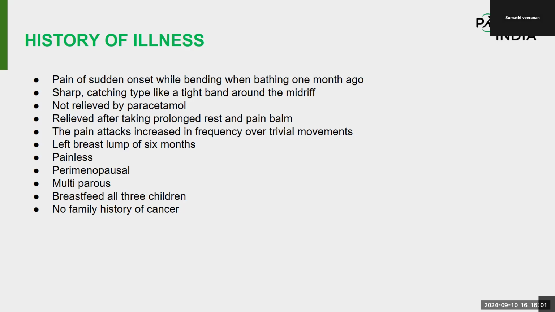The pain attacks increased in frequency over trivial movements. Other than that, she has a left breast lump of 6 months. It is painless. She is perimenopausal, multiparous, and had breastfed all 3 children. No family history of cancer.